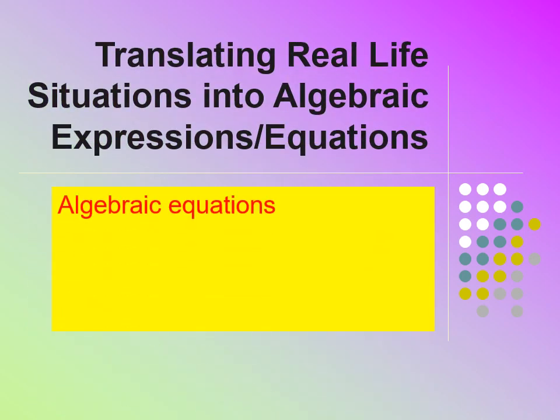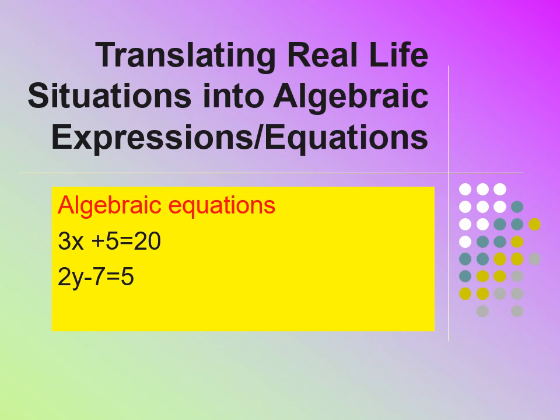How about algebraic equations? So we have here an example, 3x plus 5 equals 20 and 2y minus 7 equals 5. So these two statements are algebraic equations.